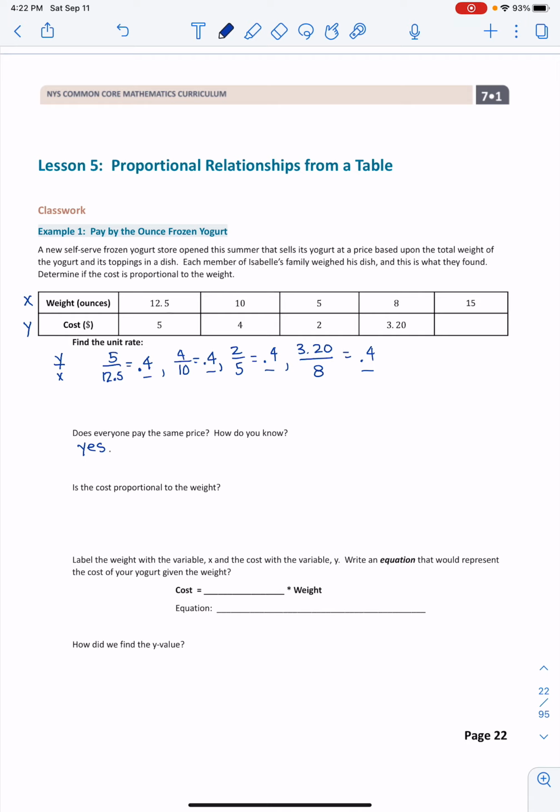And it says, how do we know? It's because they all simplify to the same number.